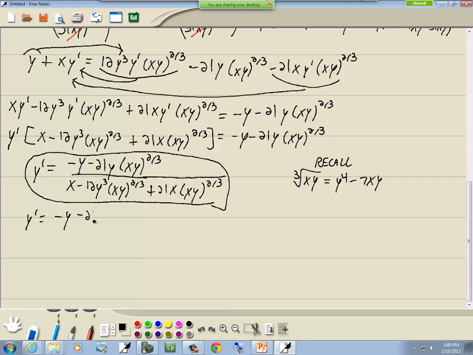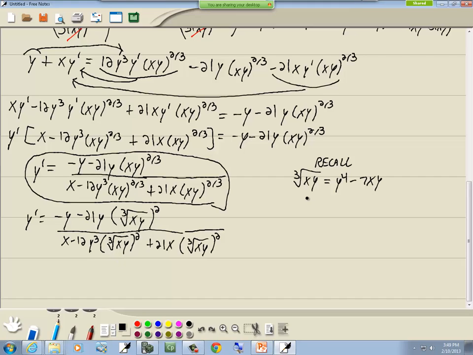Negative y minus 21y, and then this right here I can rewrite as the cube root of xy to the second power. Because the 2, you can always put it on the outside of parentheses, and that would leave us 1/3, which is the cube root, over x minus 12y to the third cube root of xy squared plus 21x, and then this would be the cube root of xy squared again.